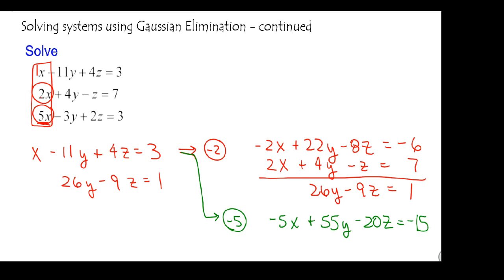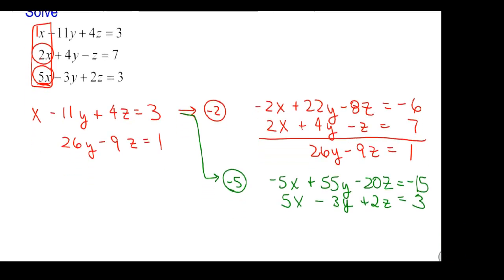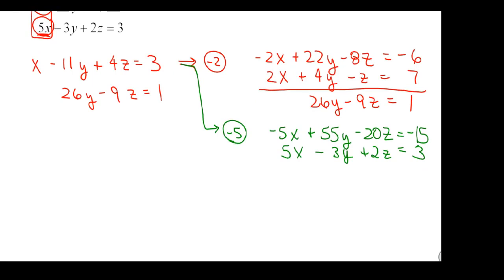Under that, I want to write down my row 3. And once I add those two together, I should get a row with a coefficient of 0 on the x. And that is my row 3 for my first iteration.